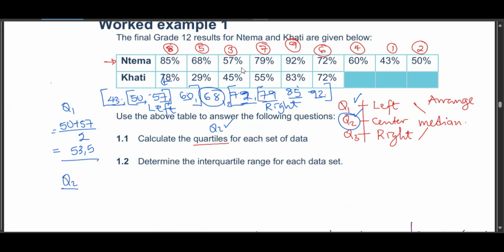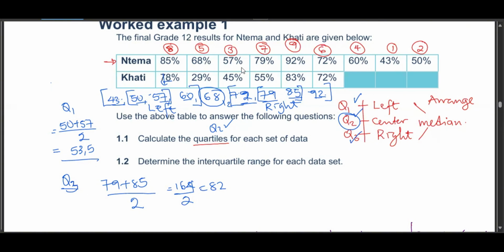Still, we are going to remain with two middle numbers, which are 79 plus 85 divided by 2. 79 plus 85 is 164, divided by 2, which is 82. So our Q3 is 82. Now this is done for the first set of data.